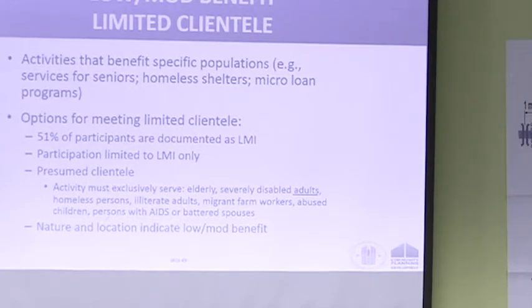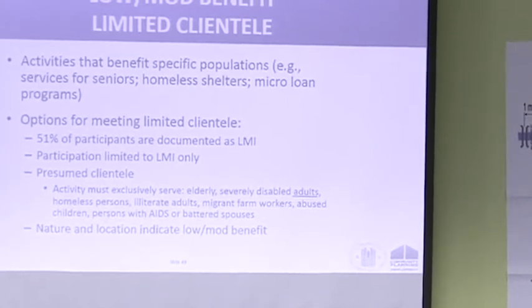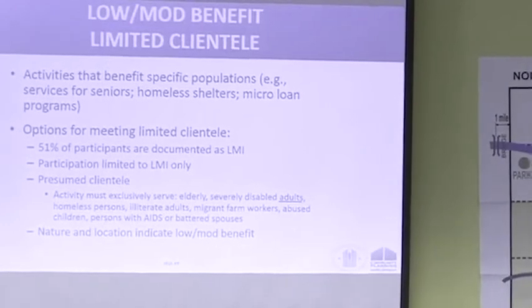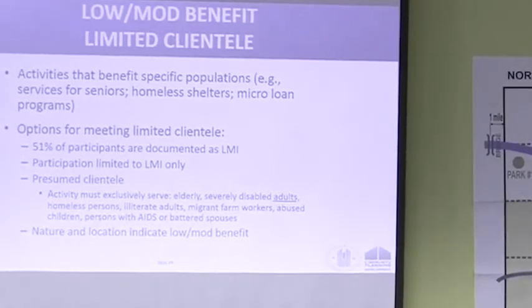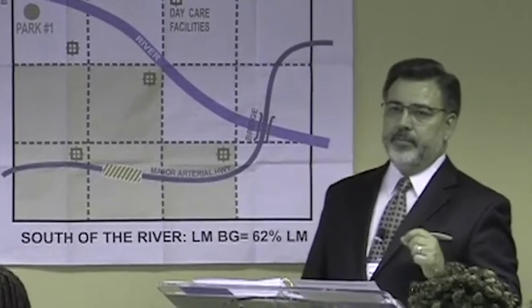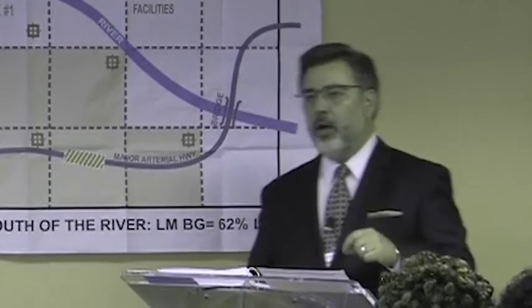The first is that 51% of the participants are documented as low and moderate income. So you will have obtained some sort of income documentation. In one of the upcoming slides, we're going to talk about income. But you're going to obtain documentation showing that at least 51% of the individuals who are receiving assistance are low and moderate income.